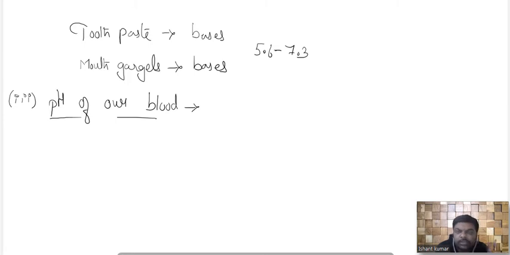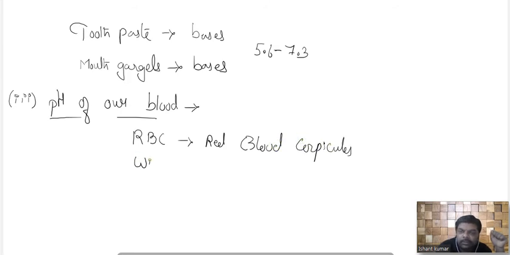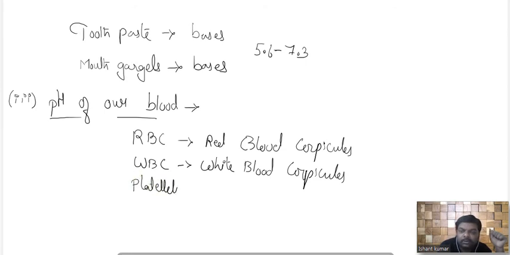You know that blood contains red colored cells known as RBC, red blood corpuscles, WBC, white blood corpuscles, and platelets. These three constitute our blood.